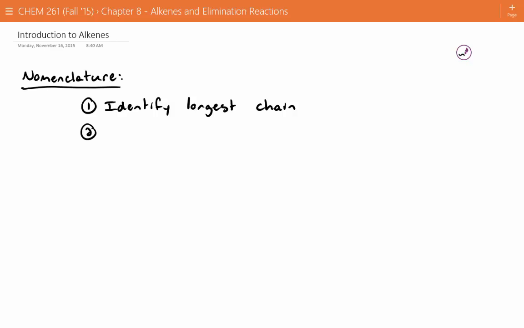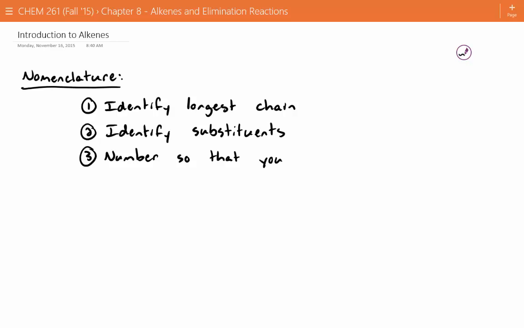Number 2 is identify your substituents coming off of that chain. Number 3 is number so that your double bond is at the lowest number.